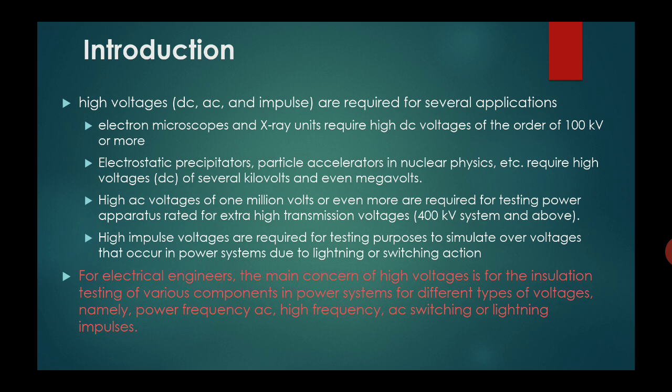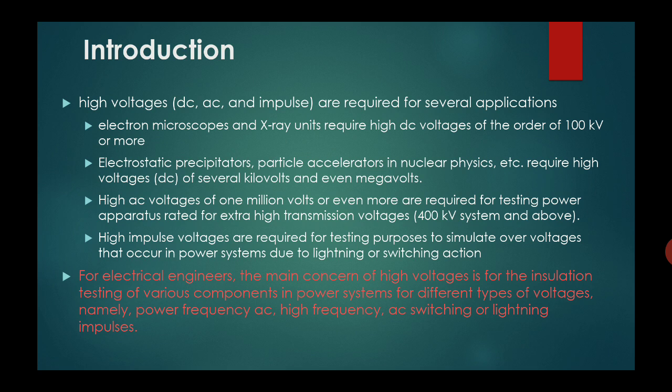So in order to test that, multiple times of their rated value will be applied over them, and hence it is being tested. So again, the production of high voltage is necessary here.